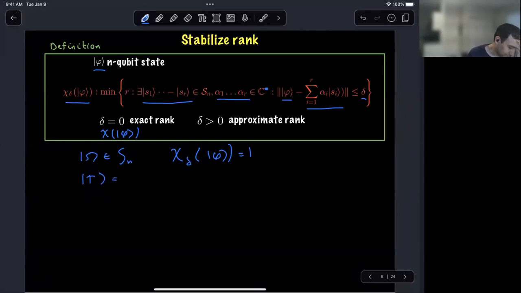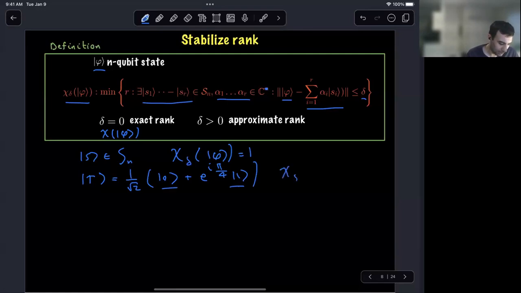If, for example, you look at this T state, it's not a stabilizer state, so you cannot write it as one stabilizer state, at least for delta small enough. But you can write it as 2 stabilizer states. In fact, 0 and 1 are both stabilizer states. So for delta small, the stabilizer rank of the T state is 2.